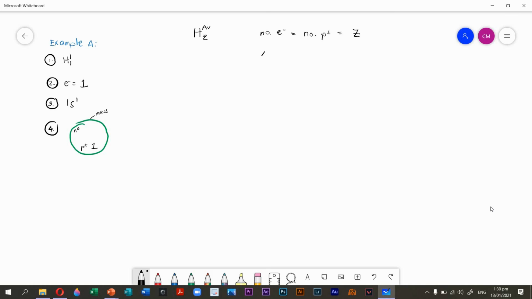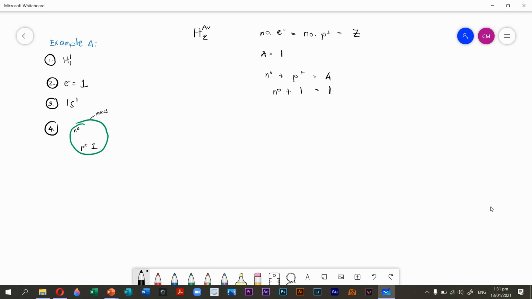So A, the atomic mass, is equal to 1. As I explained earlier, the number of neutrons must be added to the number of protons to get A. If A is equal to 1, the proton is equal to 1 as well, just like the electron. And our neutron is missing.